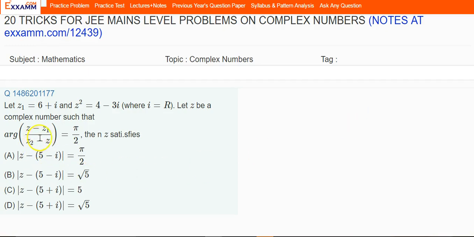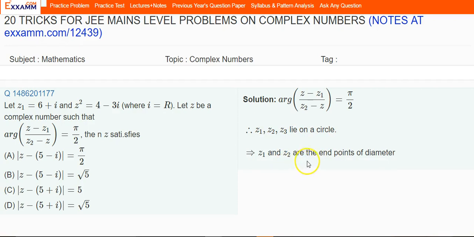So what would it further mean? That the center of this circle would be equal to Z1 plus Z2 divided by 2. So here Z1, Z2 and Z lie on a circle, and Z1 and Z2 are the end points of the diameter. The center would be (Z1 plus Z2) divided by 2. In that case, what would be the radius?